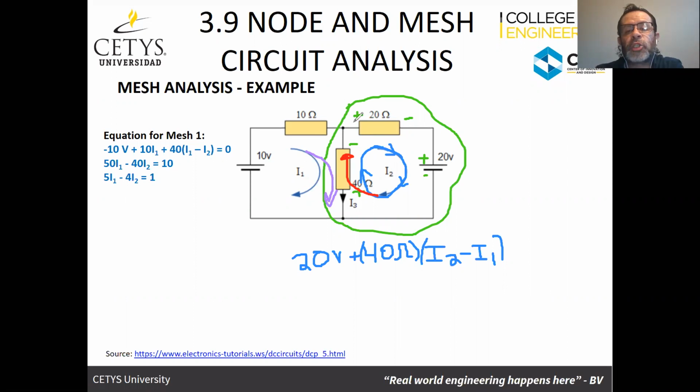And lastly, I've got the 20 ohm resistor where the current is going in through the positive. So I'm going to have plus 20 ohms multiplied by I2. And according to Kirchhoff's voltage law, this has to be equal to 0.